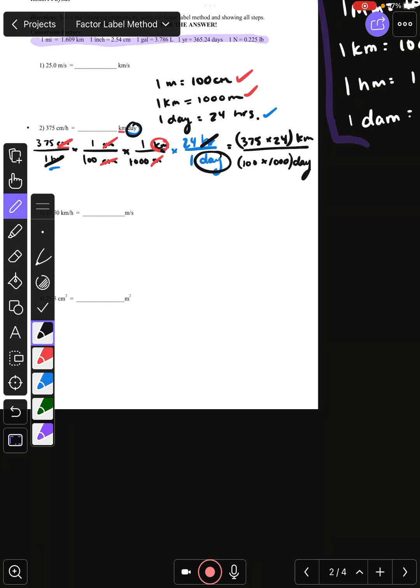So I put in my calculator 375 times 24 divided by, in parentheses, 100 times 1,000. And I end up with 0.09 kilometers per day. Yay!